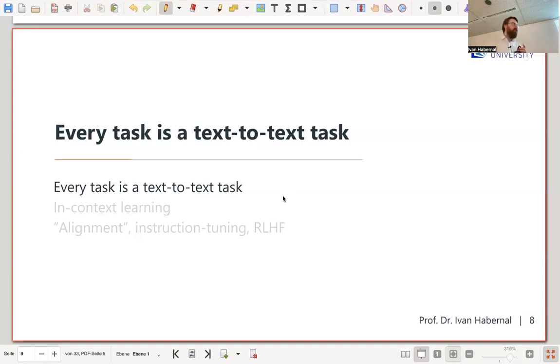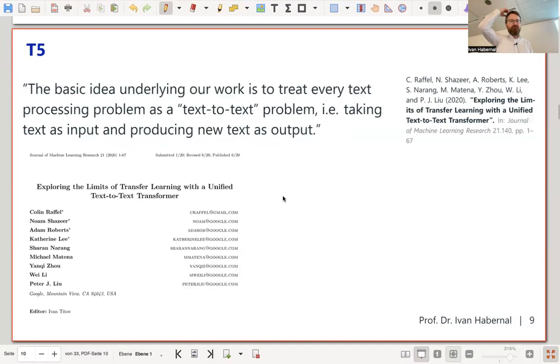So we saw the transformer used for machine translation. This is one task. Maybe you want to do more tasks with the transformer. And maybe you don't even want to train the model specifically for the task, but you just tell the model to do a task. This is what people did in the T5 paper. T5 is an encoder-decoder architecture, so now you know encoder-decoder.